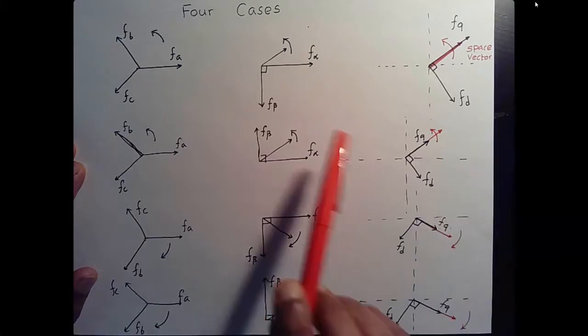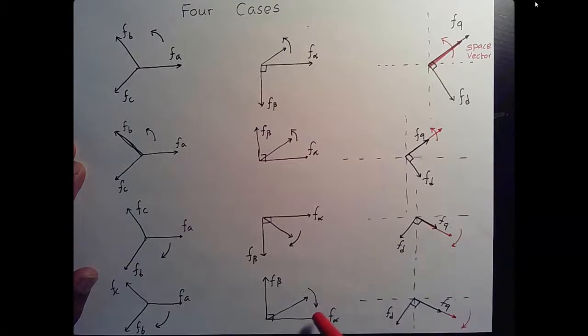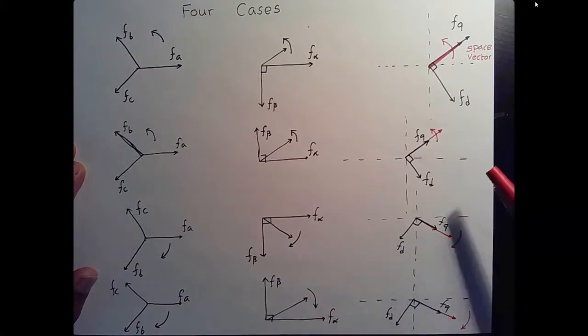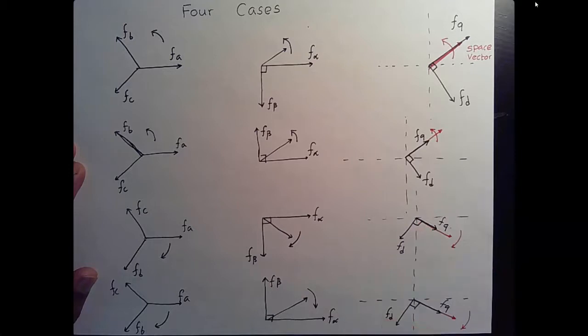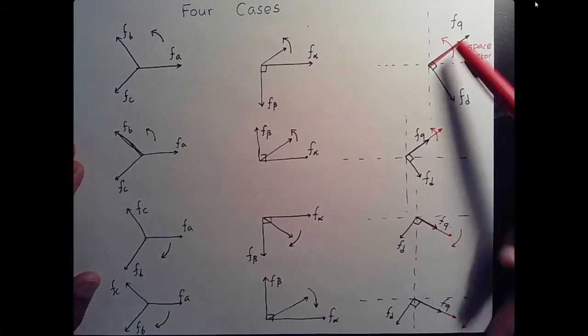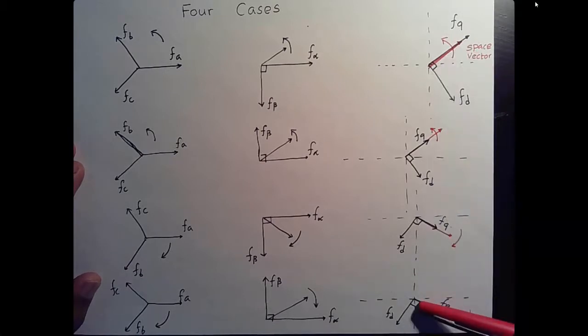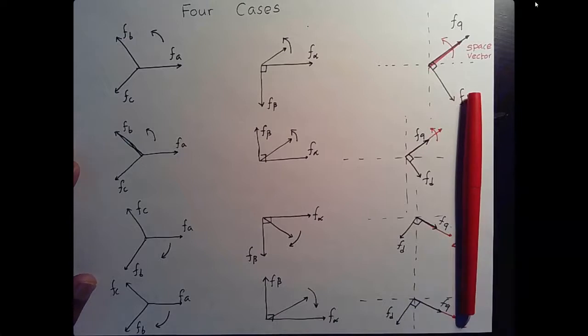And going from alpha beta to DQ is again going to be different because of the axis alignment as well as the direction of rotation. However, once you account for these in your underlying equations, you're going to get the same result.